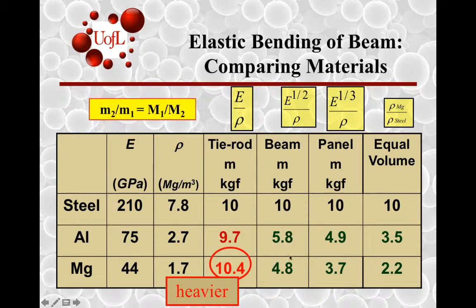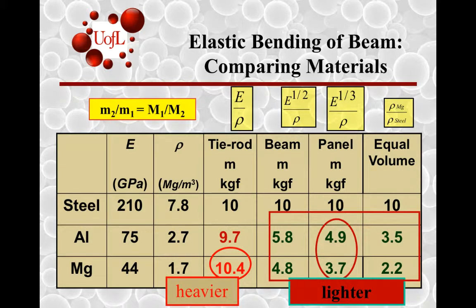In a similar manner, if you go to the third criterion, I leave it as an exercise for you to figure it out for the panel using M2 by M1.